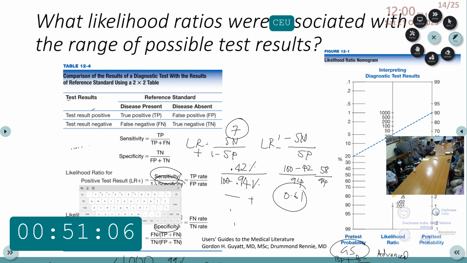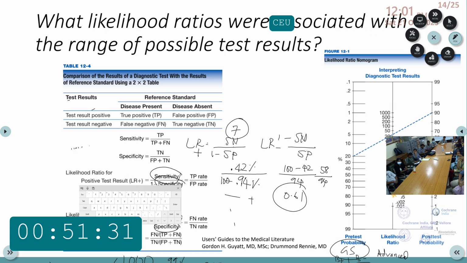Now once we know the likelihood, this is the normogram that is given to us by scientist Fagan. So this is an easy way for us to visualize the post-test probability. So here we connect the pre-test probability, which is just an assumption that we have of how likely the patient is to have the disease based on the population prevalence and based on the patient's clinical features.